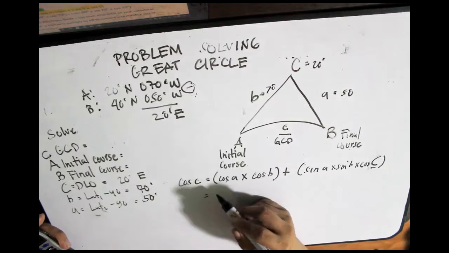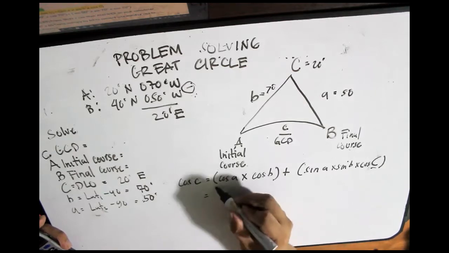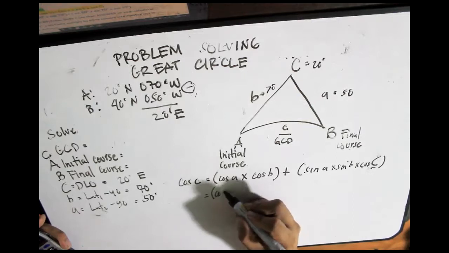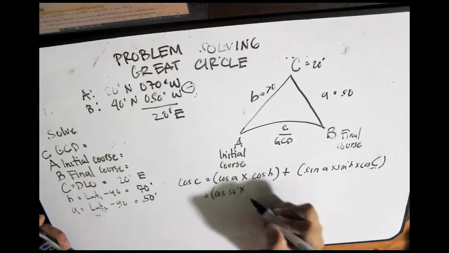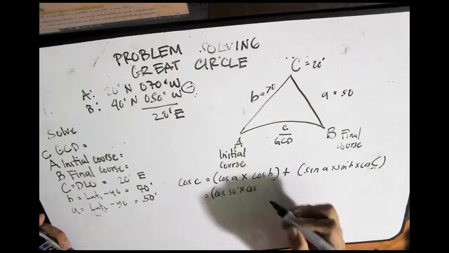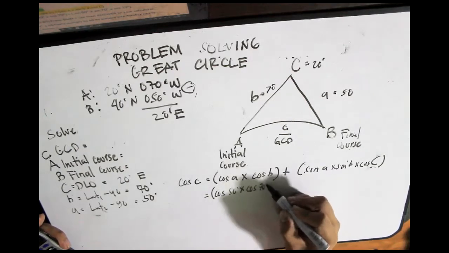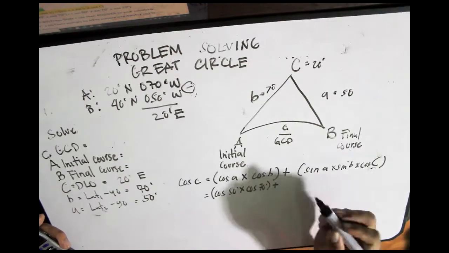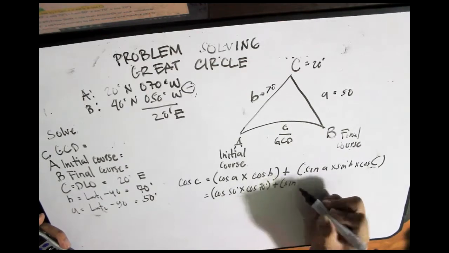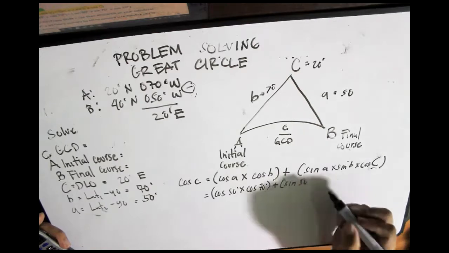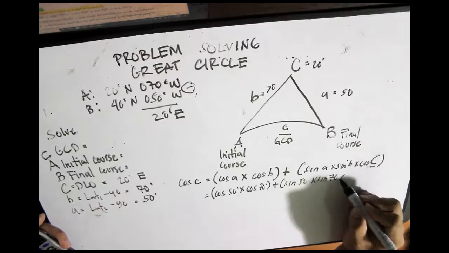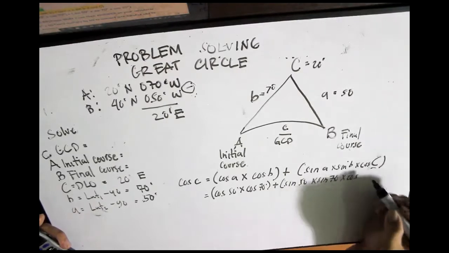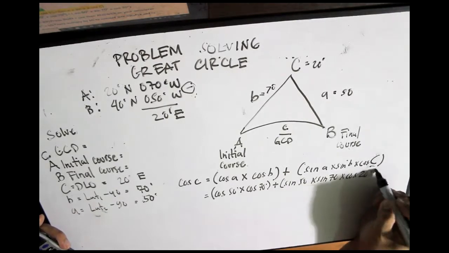Now, ililabel natin. Okay? Sa calculator, ganito ang magiging calculation yan. Open parenthesis, then cosine A. So, your cosine A is 50 degrees times cosine B na 70 degrees plus sine A 50 sine 50 times sine 70 times cosine DLO is 20 degrees.